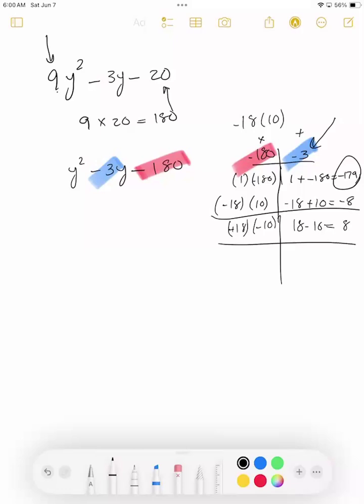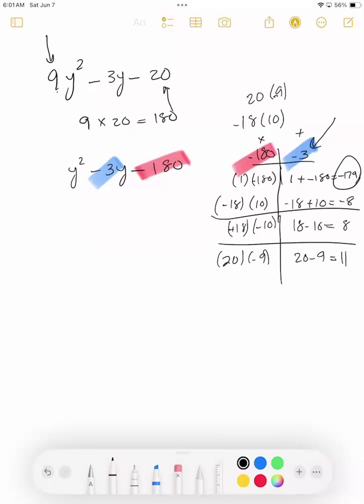How about if I go with 20 times 9? 20 times 9 is 180, also 20 times negative 9. They also make 180, but if I add them, I get 11. So that didn't work.